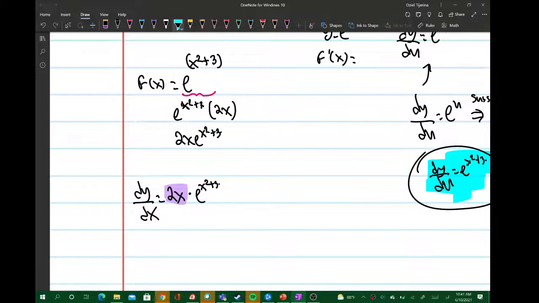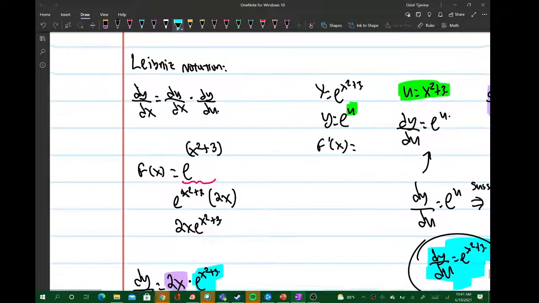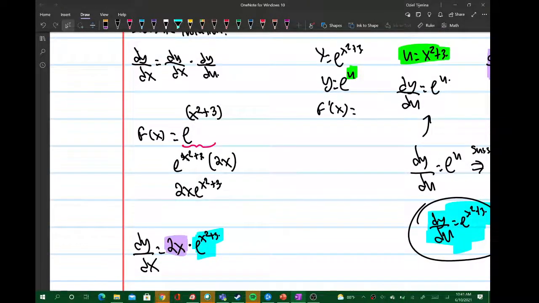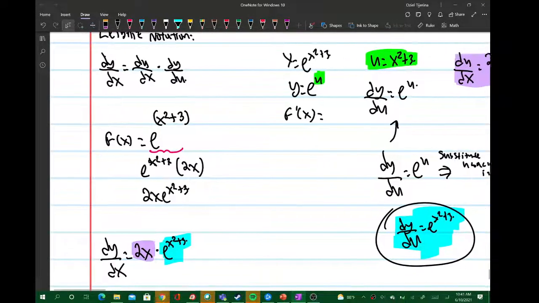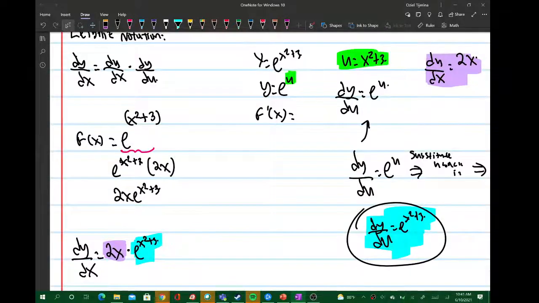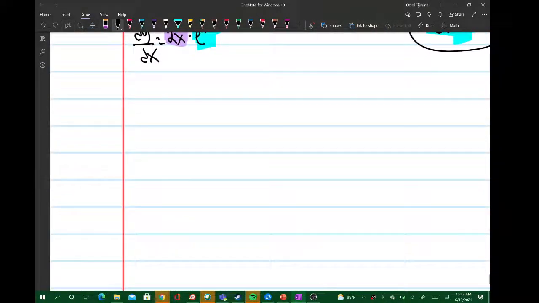That's what that is. So that's how you do it using Leibniz notation.